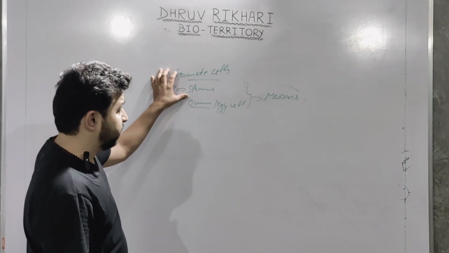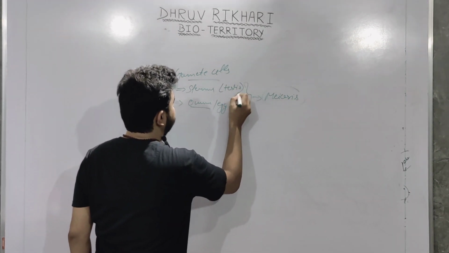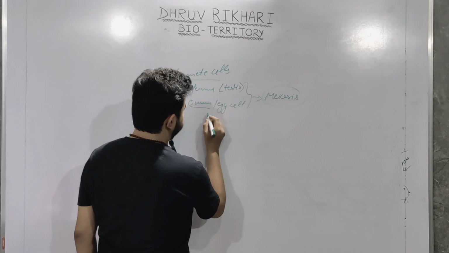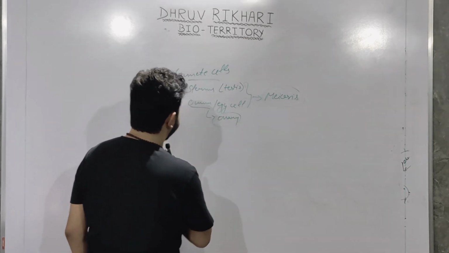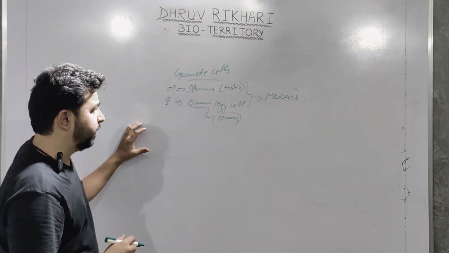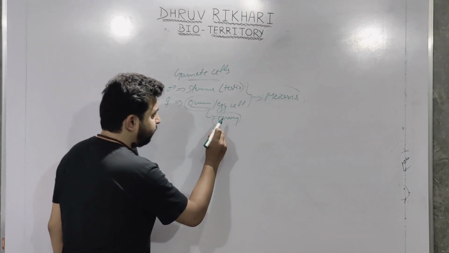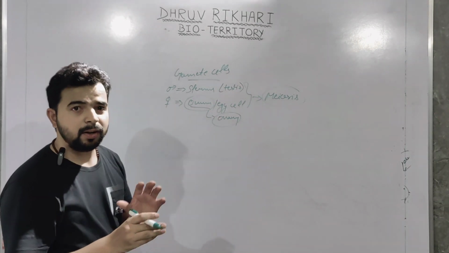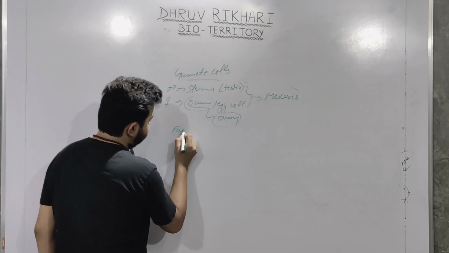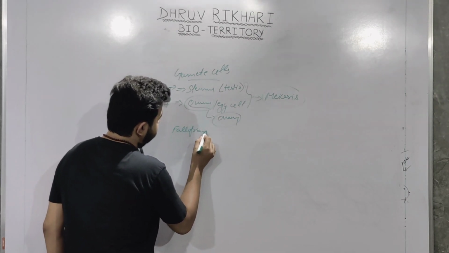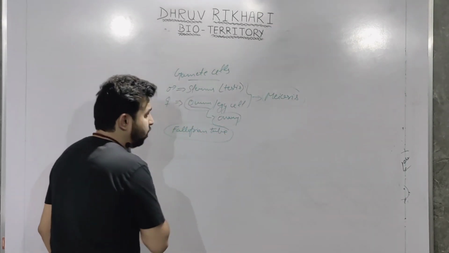So the sperm formation takes place within the testes, and the ovum formation takes place within the ovary. Now what will happen here? When the ovum matures, it will be released from the ovary, and it will reach the fallopian tube.